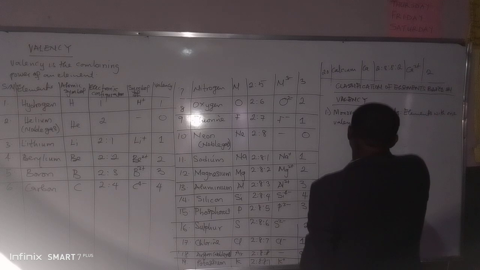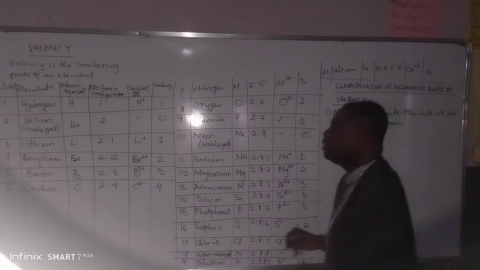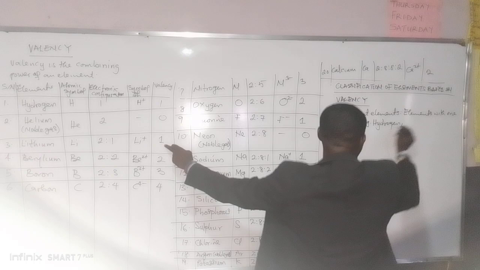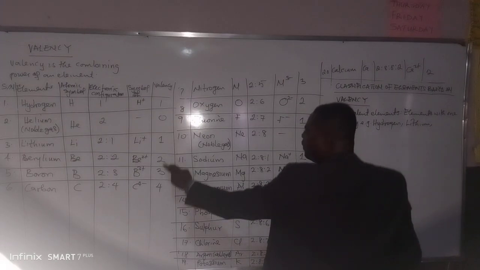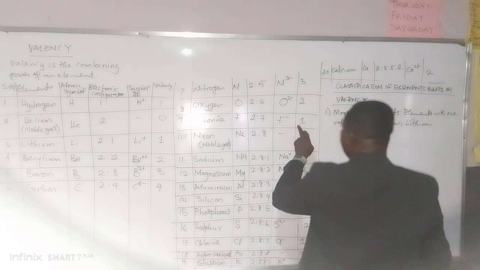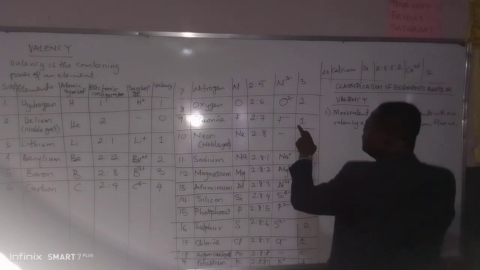An example is hydrogen. What is the valency of hydrogen? It is 1. You can see it here. Valency is 1. Another monovalent is lithium. Another is sodium. Fluorine is monovalent.